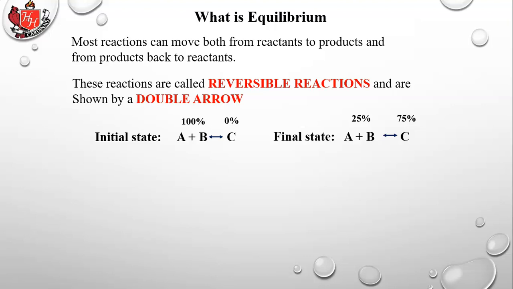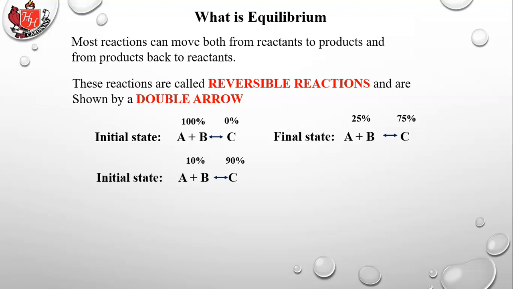It may find a happy place where it's 25% reactants and 75% products, and it just kind of stays right there. Unless you change the temperature or the pressure or the concentration of the solution, it'll just stay right there. Given the initial conditions for temperature, pressure, and concentration, it's going to settle right there, let's say at 25 for reactants, 75 for products.